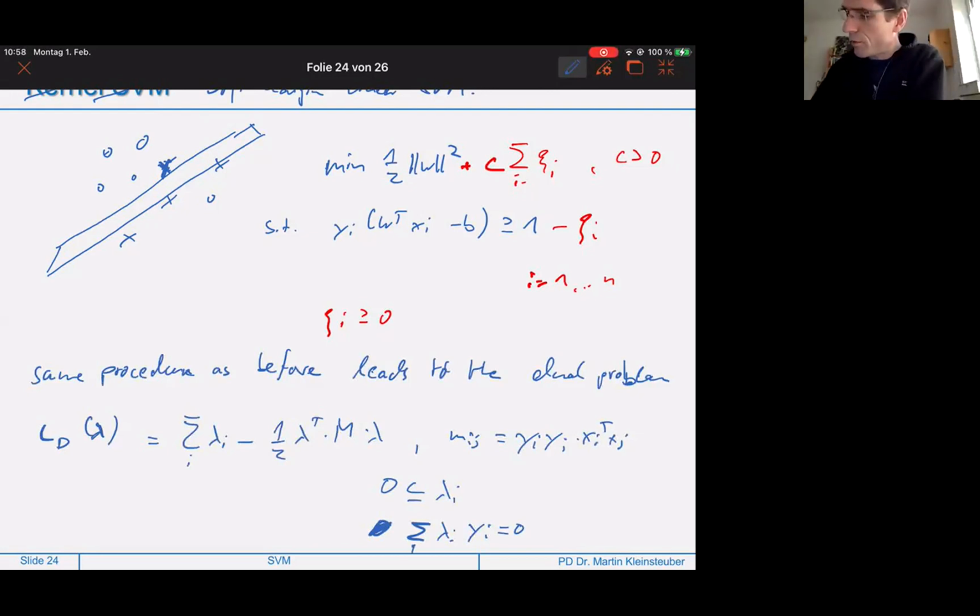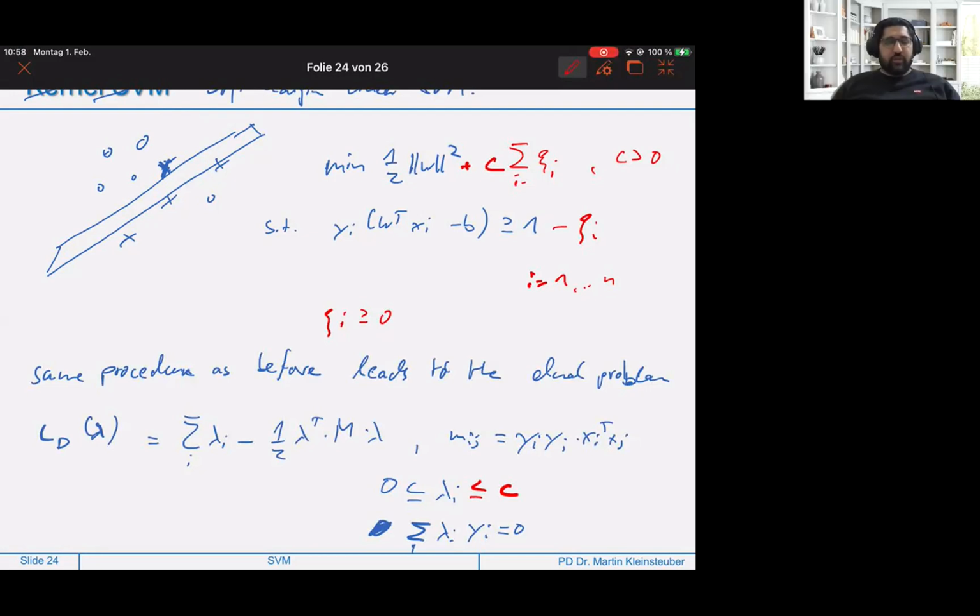The only thing where we have an additional constraint here is that the lambda i's also have to be all smaller than c. And this is exactly the c from above. Okay, so this is what you will find out if you really do the same procedure as we did before. With the introduction of the soft margin, we have also added an upper bound on the lambdas.